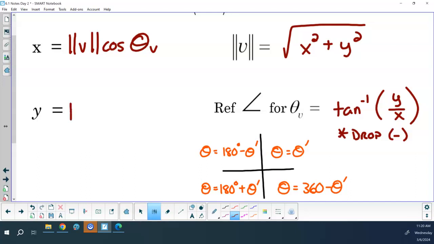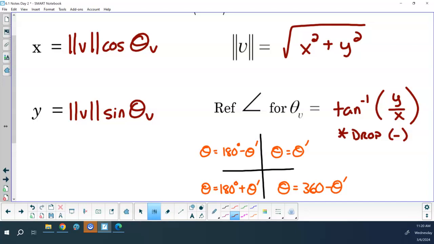And my y then would be the magnitude times the sine of the direction angle. x is the horizontal component, y is the vertical component, magnitude is the length of the vector, and obviously the direction that it's heading. Okay?